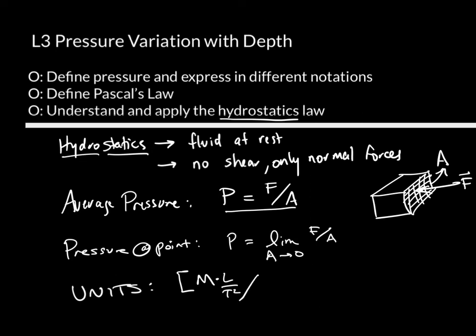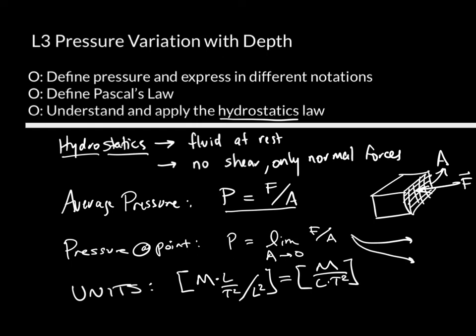And we're going to divide that by area, which is length squared. Boom, we've got our units. Now we want to simplify that because it's kind of ugly. So we get mass over length times time squared. Anytime you see mass over length times time squared, you've got a pressure, although typically what we're going to use more commonly for force over area is a unit of force over a unit of area.